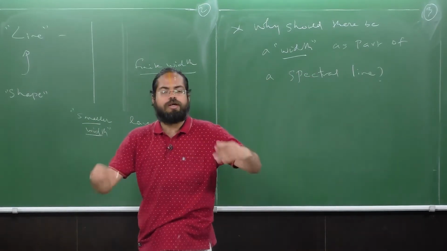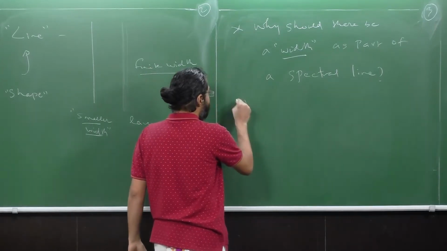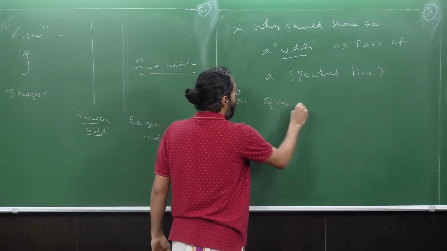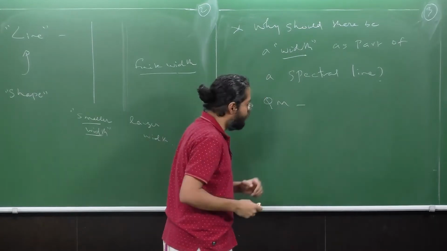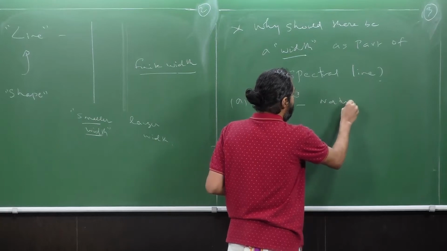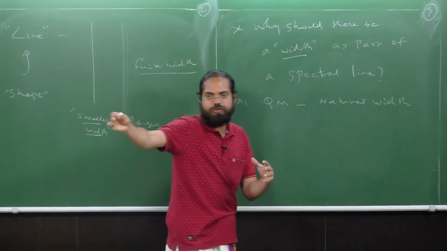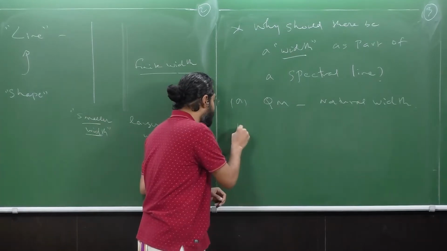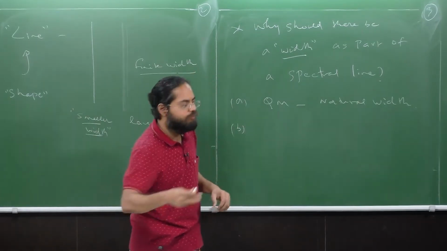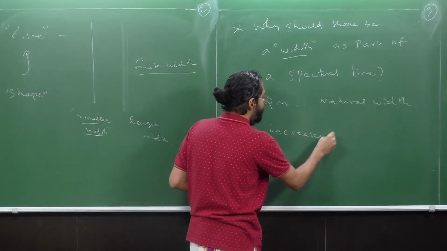Well, it turns out that there are three reasons for it. The first reason is based on quantum mechanics, written as QM, and it is called the natural width. I'll explain each of these very soon. So first is due to quantum mechanics. The other is due to increased pressure.